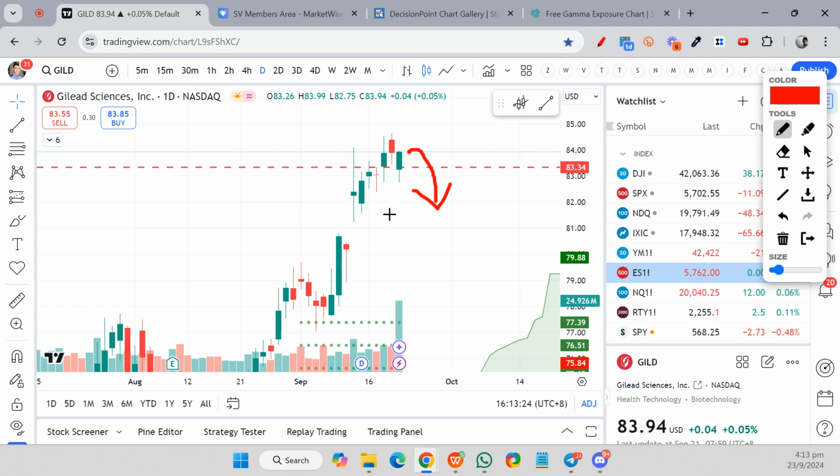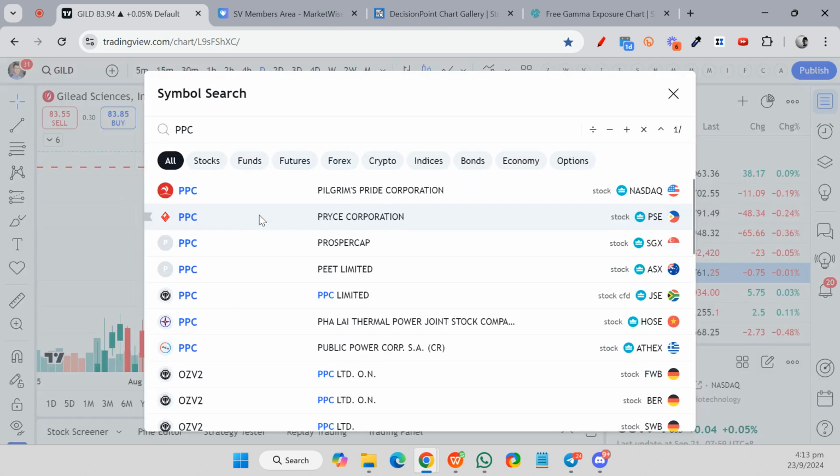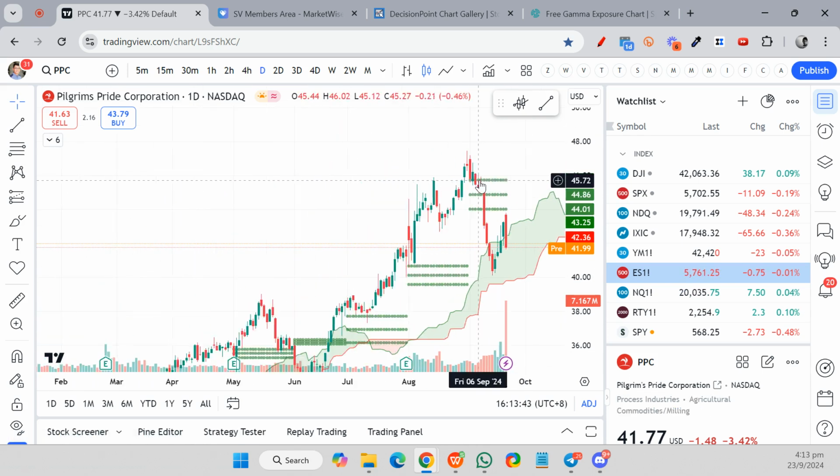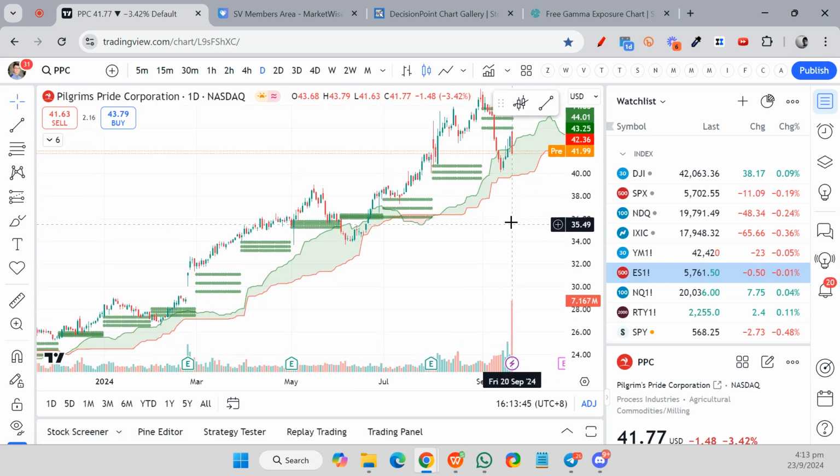Another one that I am looking at in my watch list, let me take a look. It is actually PPC, Pilgrim's Pride Corporation, under the industrial sector, agriculture commodities, milling over there. So it has been in a pretty nice uptrend.